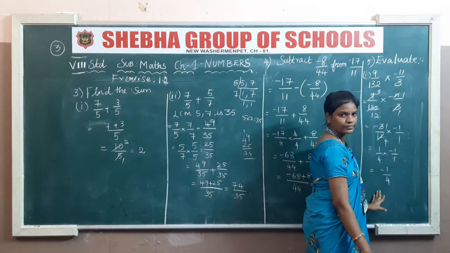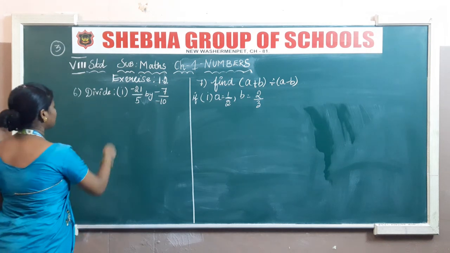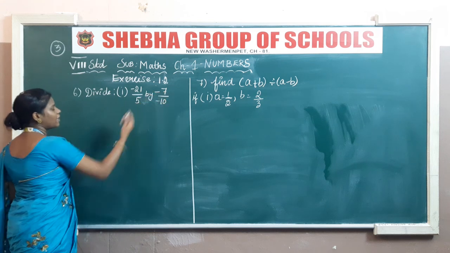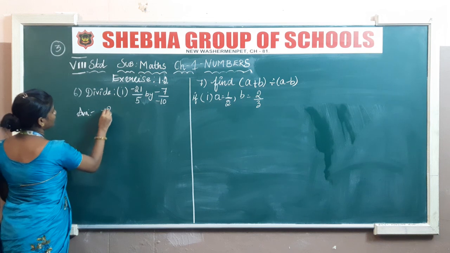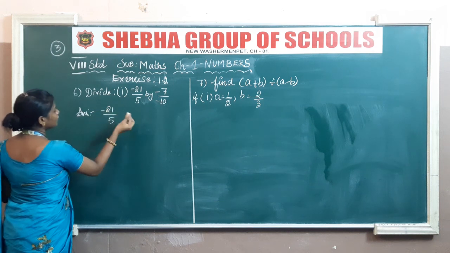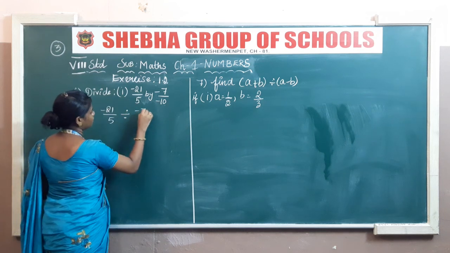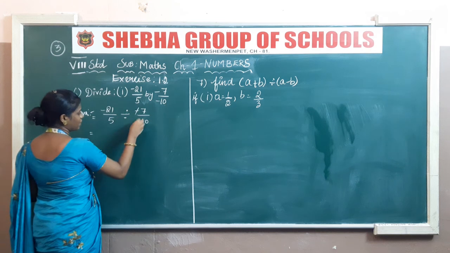Next we move to the sixth sum, divide. The first operation is minus 21 by 5 divided by minus 7 by minus 10. So we write minus 21 by 5 divided by minus 7 by minus 10. Minus and minus should be cancelled.